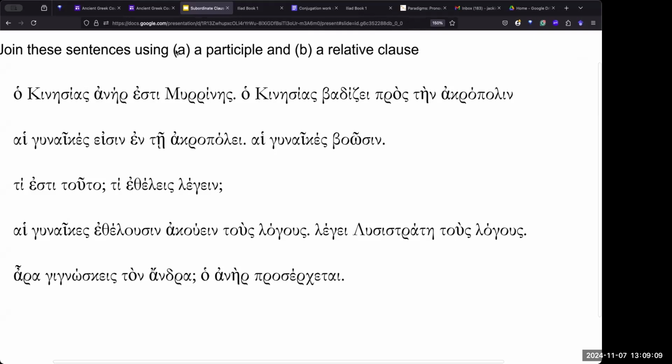So here you have the man. Kinesias is a Myrinian man, a man from the place Myrine, and Kinesias is walking to the Acropolis. Now we want to put those two into a subordinate clause with the relative pronoun. How do we do that?